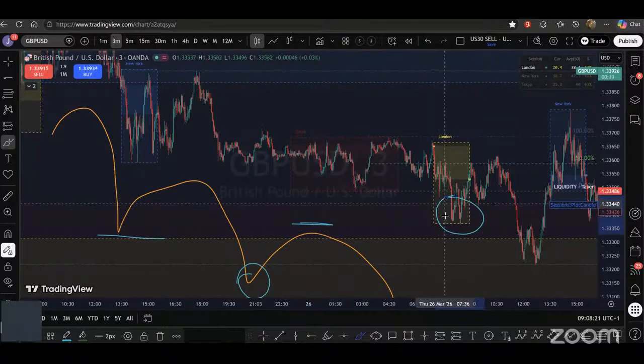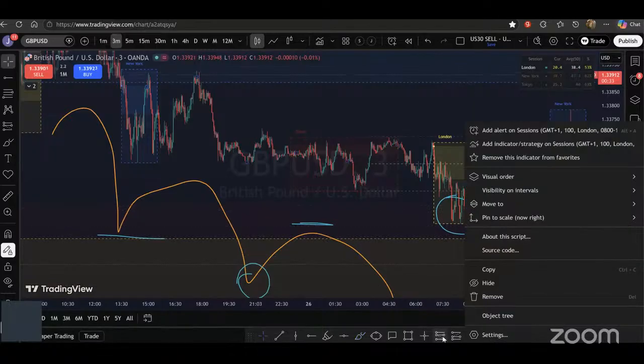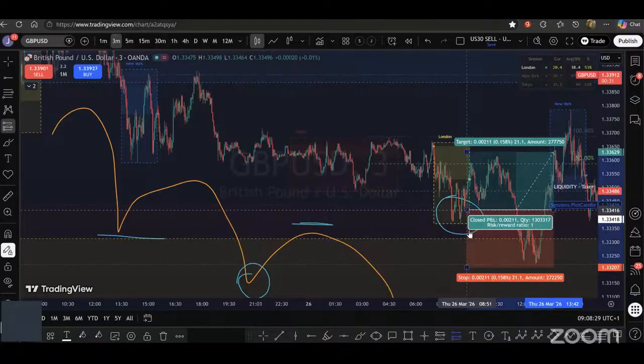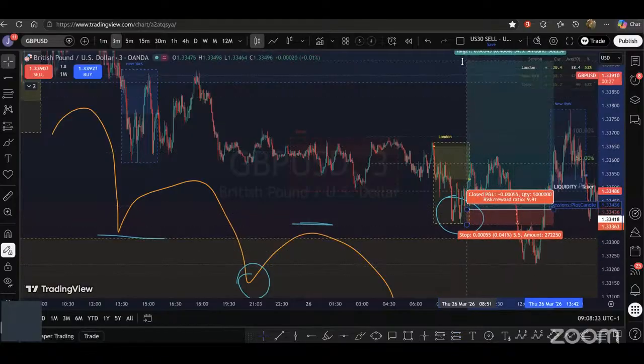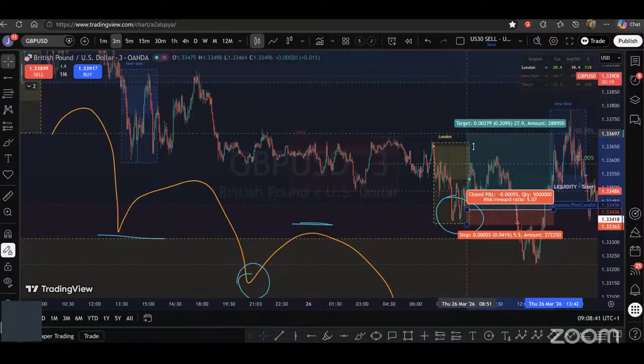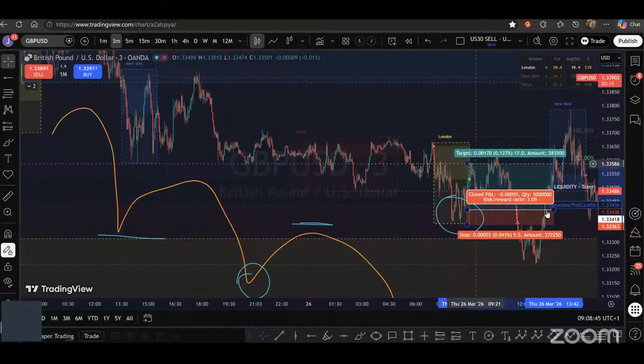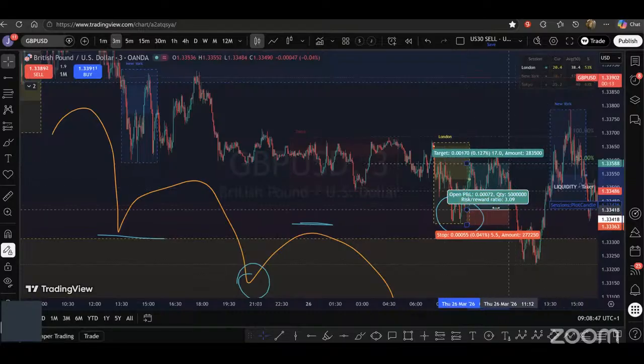Where is a potential target if we're taking this trade from here, finding some sort of entry in here? It's not going to be all the way up here by session highs of previous New York sessions because the market is overall bearish. So where is a safe target? 50% of the previous session. So once again, that would be a target.